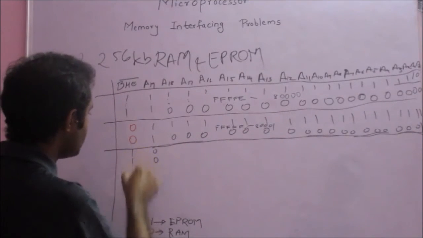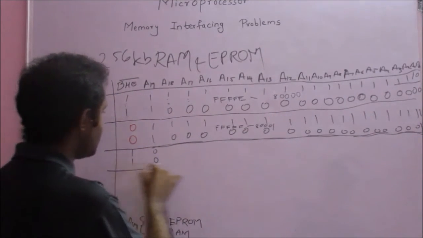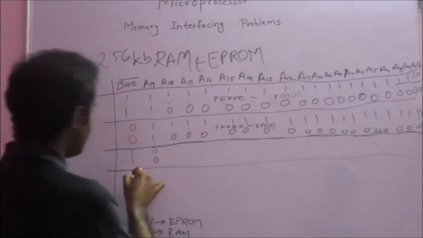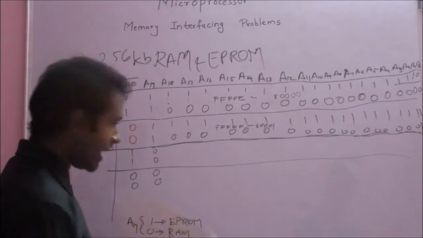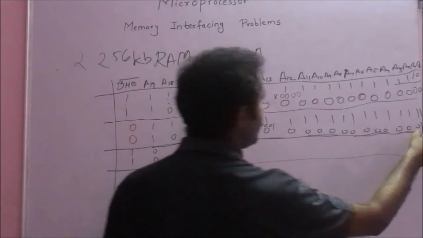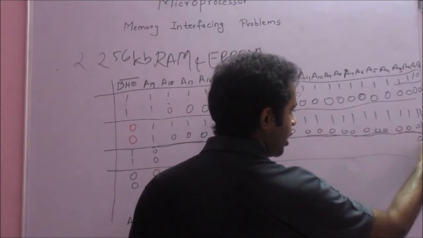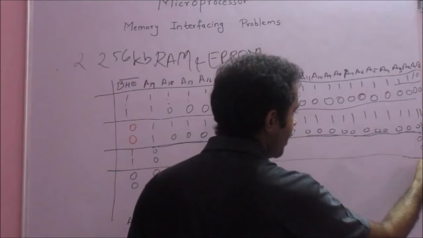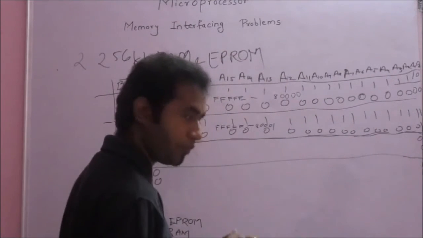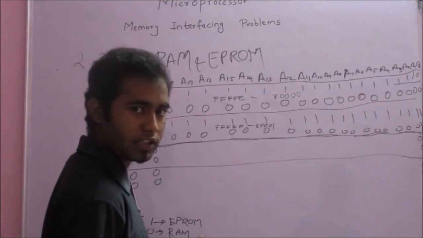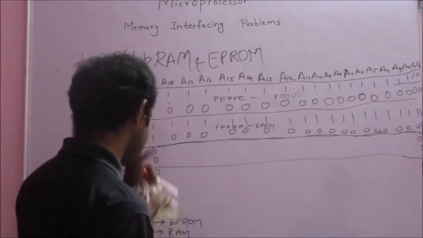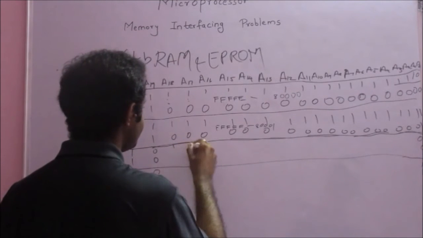So it will be 1, and in the next cycle it will be 0. This will be 0 because we are selecting the RAM. So this would be 0 for even and 1 for odd. And again the same: 18 ones, 18 zeros, 18 ones, 18 zeros. That's it.